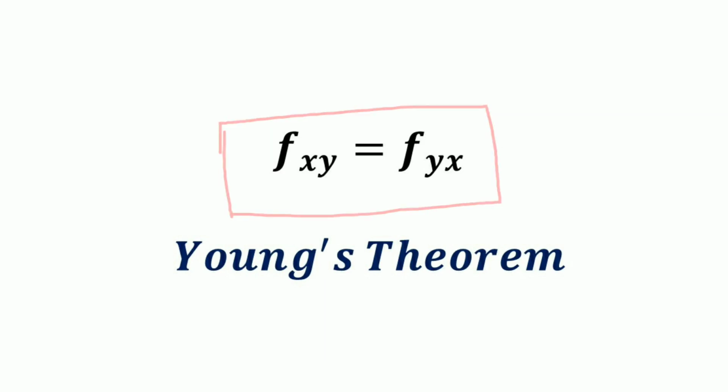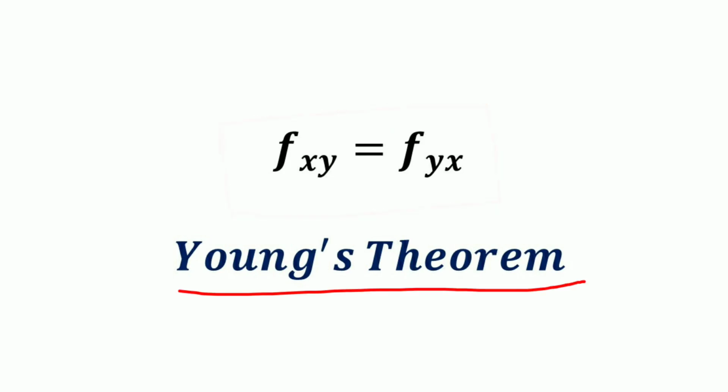That is, the derivative with respect to x of the derivative with respect to y is the same as the derivative with respect to y of the derivative with respect to x. This result is named after William Henry Young and is popularly known as Young's theorem. That is, f of xy is equal to f of yx.